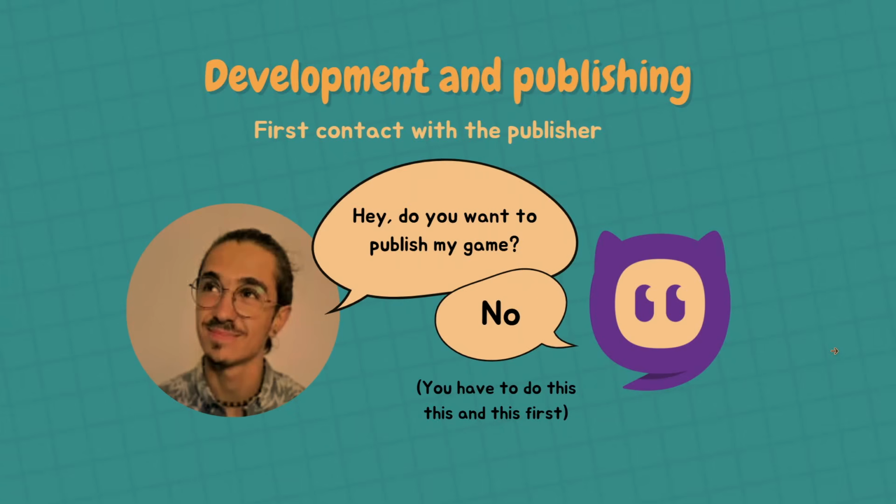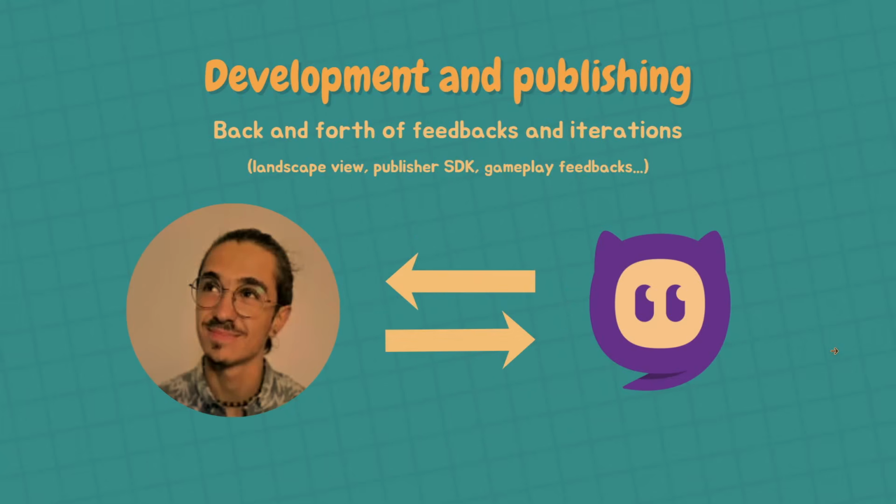This is not unusual, that the publisher asks for changes to the game. So there was this first iteration of back and forth between me and the publisher. For example, one of the biggest changes they asked for was making the game landscape, because initially the game was designed for a portrait view, for a mobile view. And they asked for a landscape change because their main audience is on desktop. I also had to implement the publisher SDK, which is common.